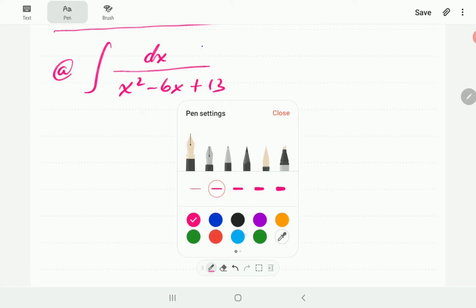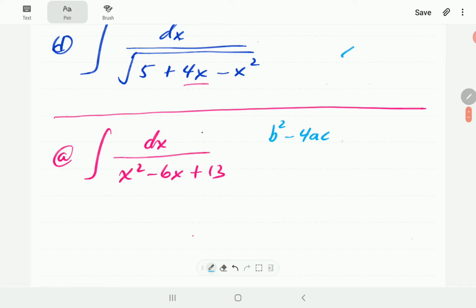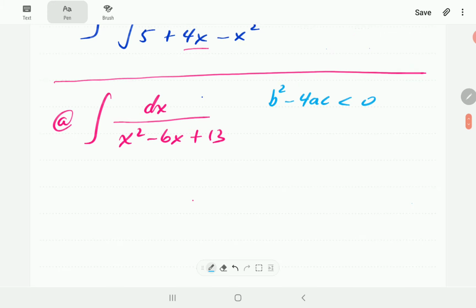However, the problem with this one is that it is not factorable. A quick criteria to see if a quadratic is factorable or not is this one.